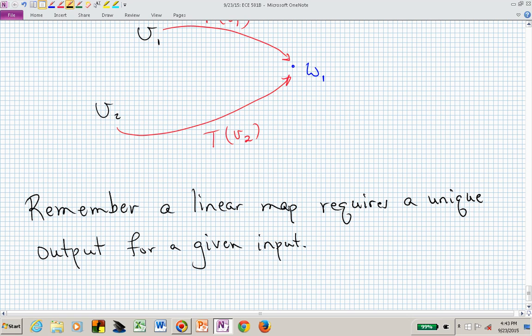Is T a linear map? T is a linear map. A linear map requires a unique output for a given input. Is that still okay? Yes. We didn't say anything about that output being unique. I'm sorry, distinct, did we? V1 gives us a unique output, W1. V2 gives us a unique output, W1. It's the same output. We didn't say it has to be distinct.